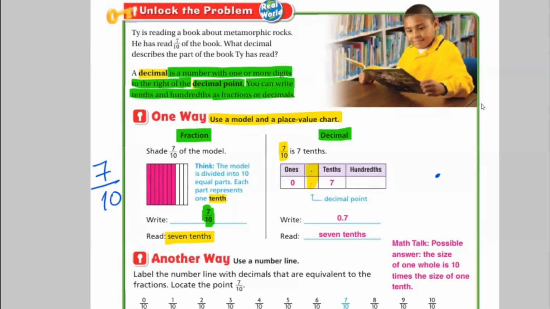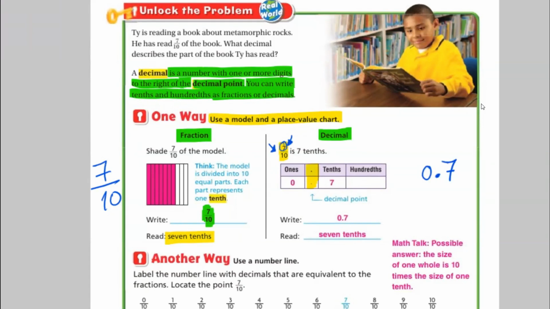So we write 0 to the left of the decimal point. After that, we look at the numerator. The numerator is 7, so we write 7 to the right of the decimal point.